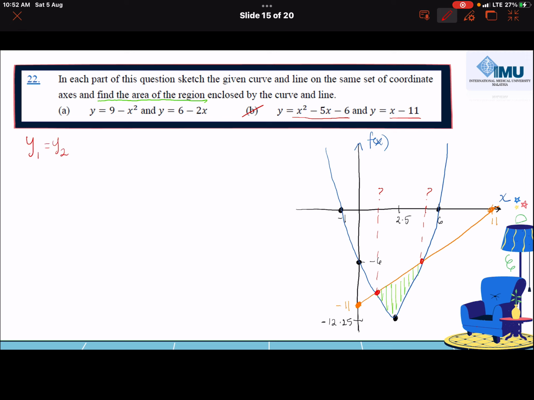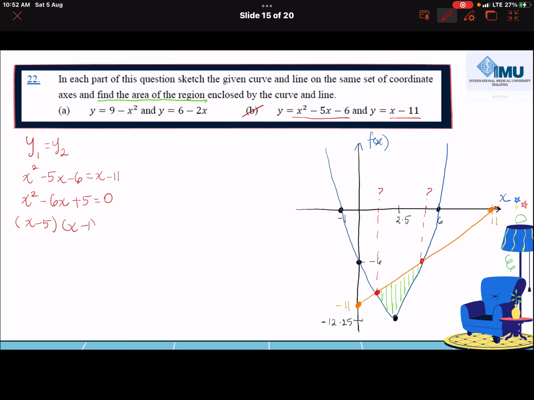Let's denote y1 as your quadratic, x squared minus 5x minus 6. Meanwhile, your y2 will be the linear, x minus 11. Move everything to one side, you will obtain x squared minus 6x plus 5 equals 0. Solve accordingly.